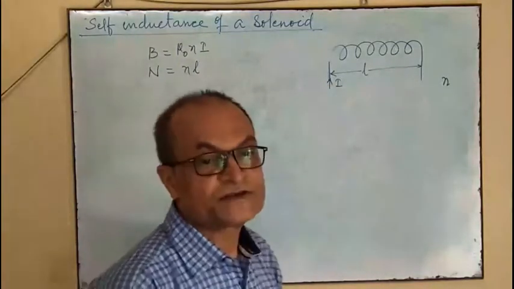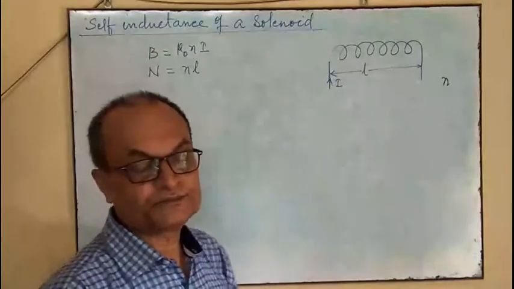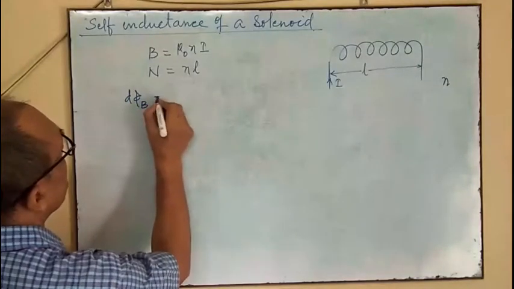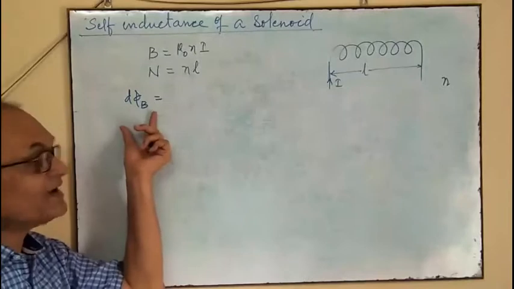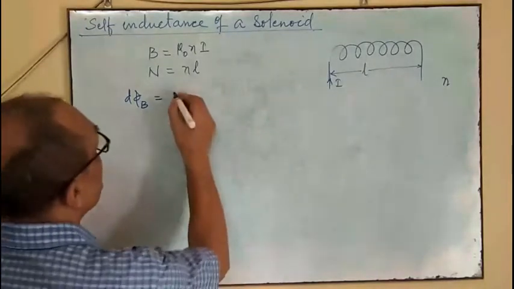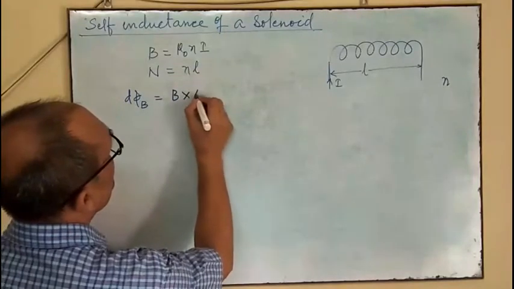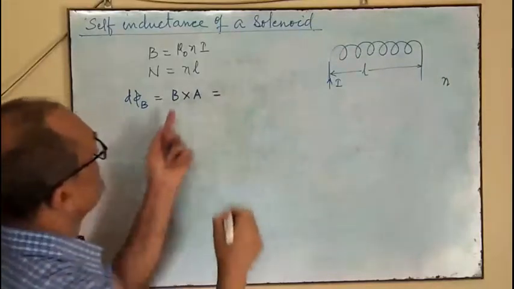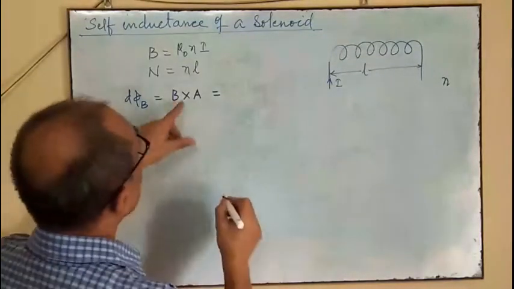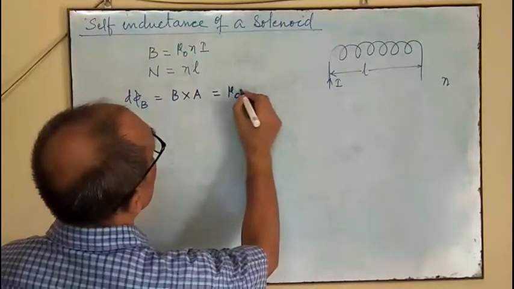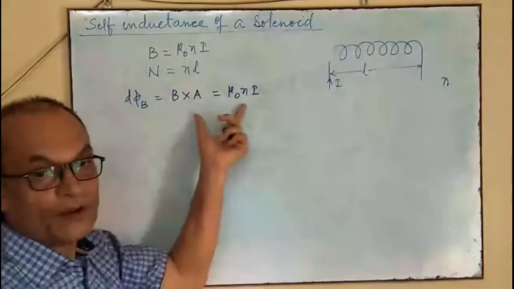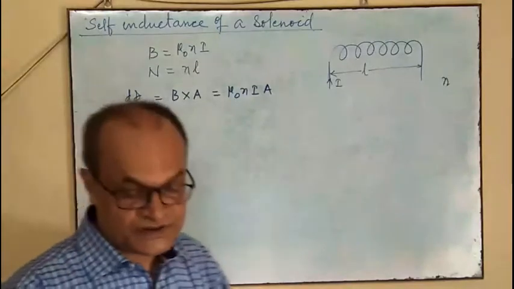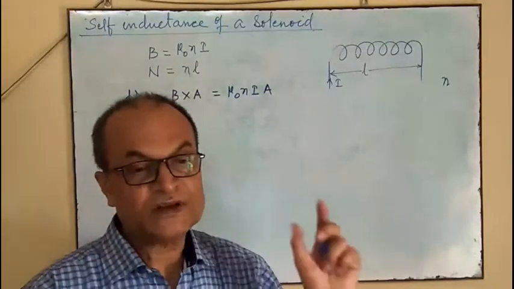So the magnetic flux linked with each turn, phi B, will be B into A. Here the value of B is mu naught n i, and A is the area. So this is the magnetic flux linked with each turn.